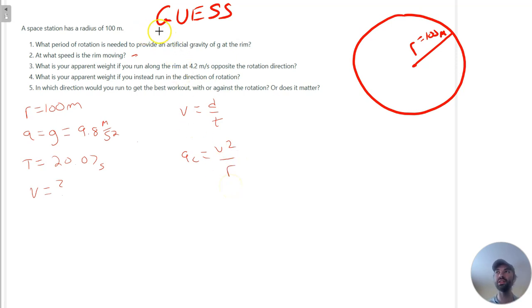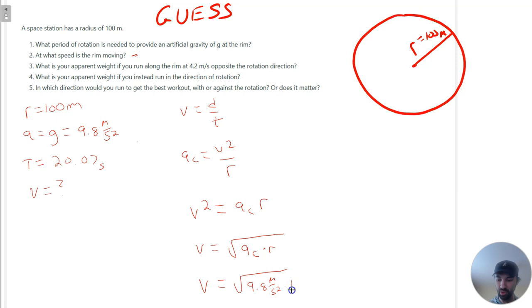This is the power of the GUESS method. You just look for an equation where there's only one unknown and you solve. If you do this in physics constantly, you will just keep getting answers. So we are solving for v this time. So we're going to rearrange to say v squared is equal to a_c times r, and v is equal to radical a_c times r. v is equal to radical 9.8 meters per second squared times 100 meters.